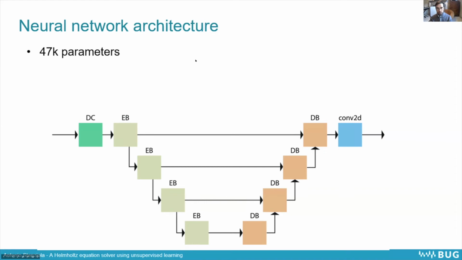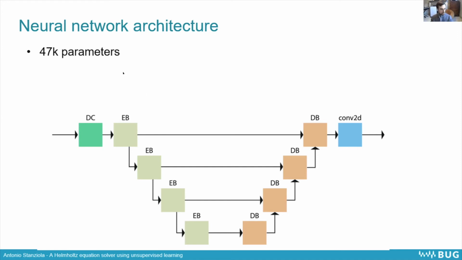The multi-scale architecture makes sense for this problem because most of the advanced methods used to solve PDEs, especially wave-like PDEs like the Helmholtz equation, create a preconditioning matrix, which is basically a multi-scale representation of the problem. So this makes sense from that point of view.